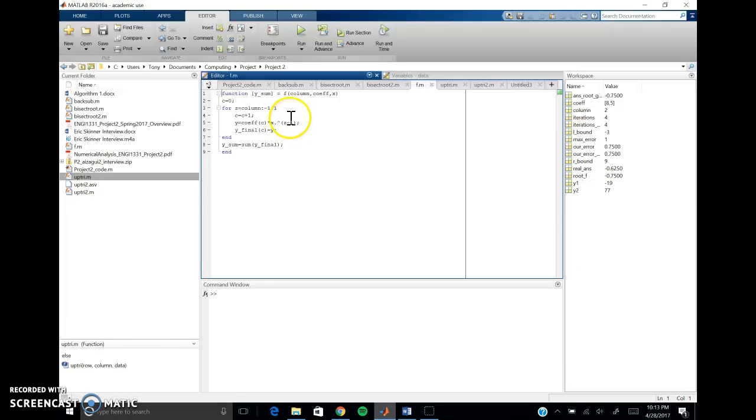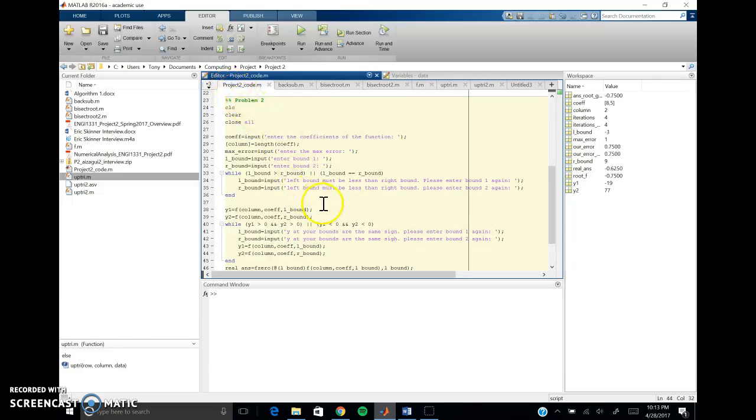You know your coefficients, which are going to be your c, and your x's, which are your bound.